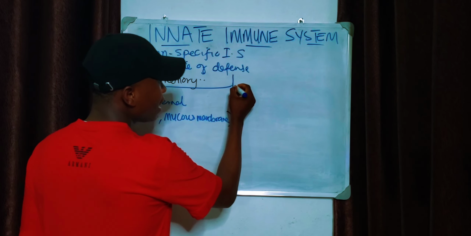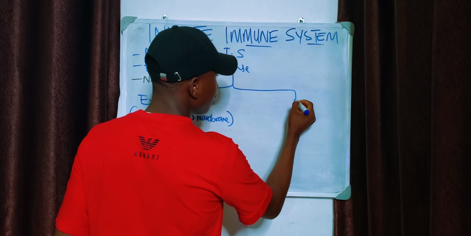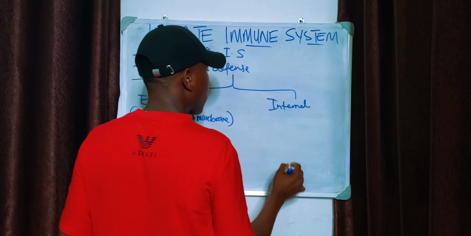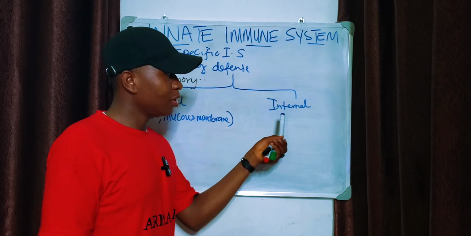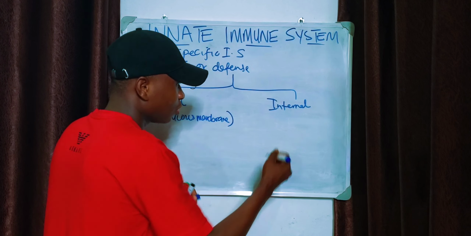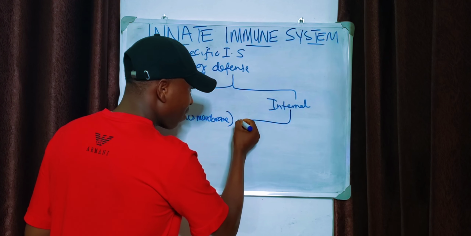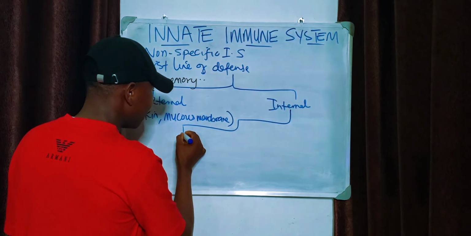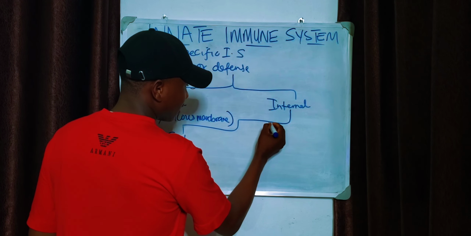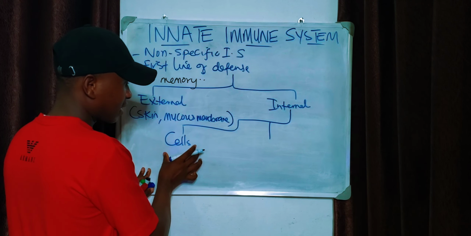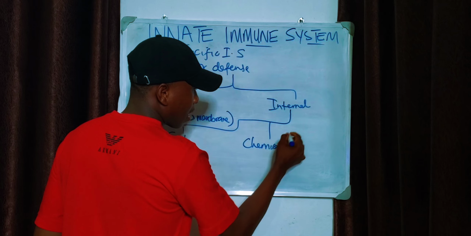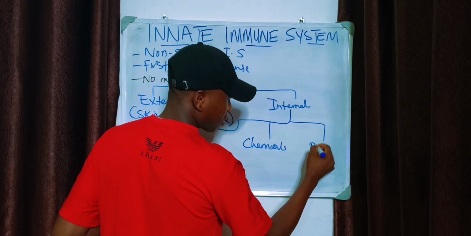Now, the other division is what we call the internal. This is where we have the main deal. The internal is made up of the cells, chemicals, and physiological factors.